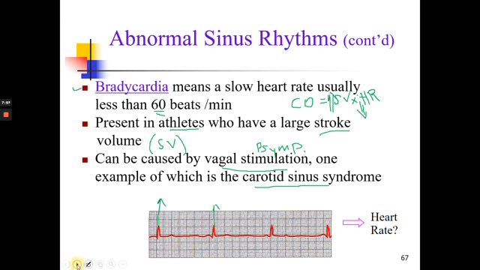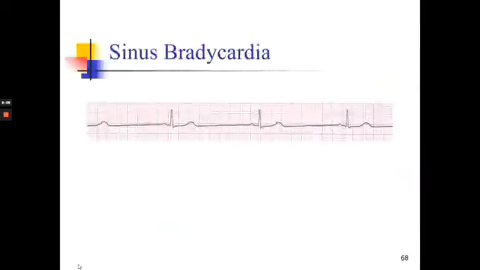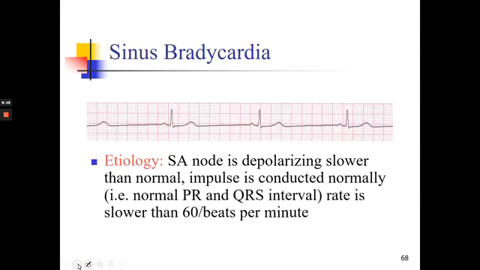Bradycardia means a low heart rate, less than 60, present in athletes and caused also by vagal stimulation. In sinus bradycardia you also have to record PQRST, as you see here.